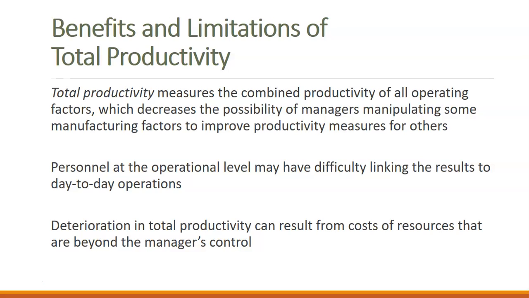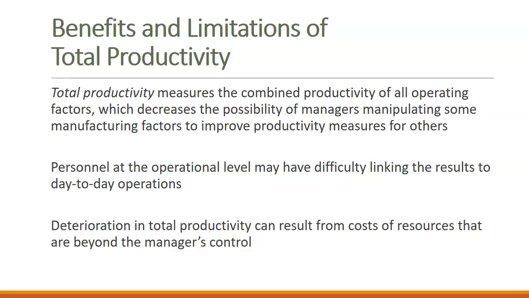We also have that personnel at the operational level might have difficulty linking the results to day-to-day operations. So we can't really drill down just on our total productivity measures. We need more information, which is why we do some of the partial productivity measures.